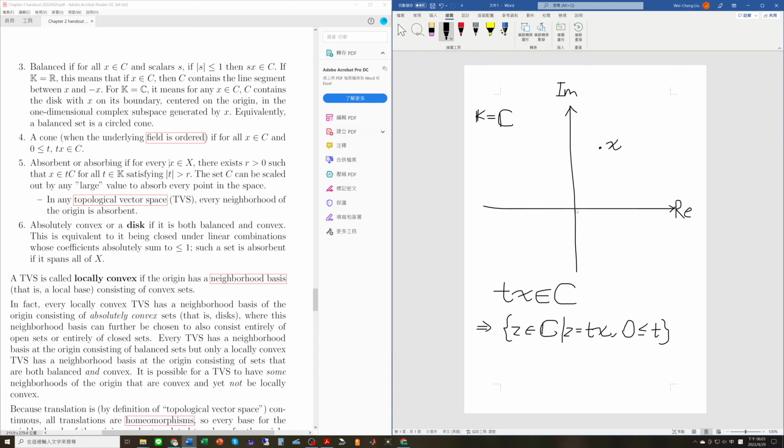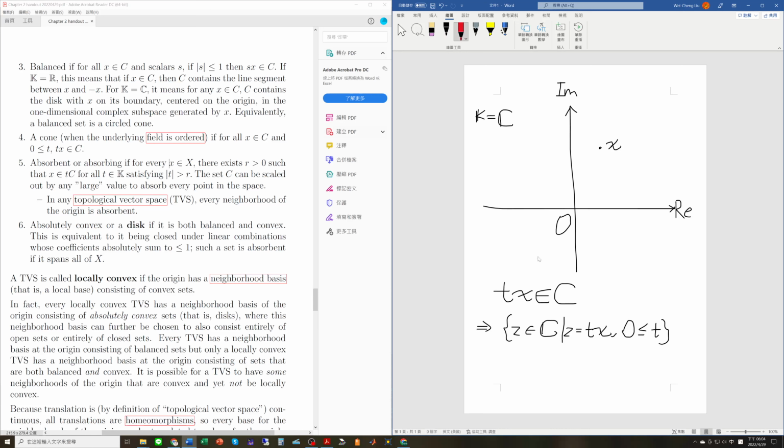It means that the distance between the origin and x is scaled by a positive or 0 constant t.